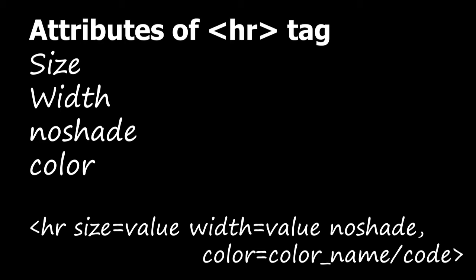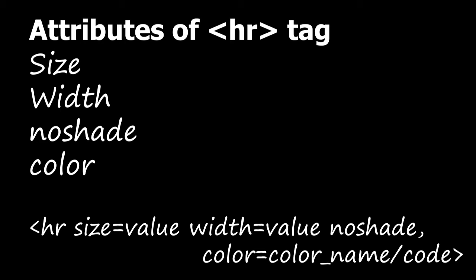The syntax of this HR tag is: you have to give HR and then leave a space. After opening the HR tag, you give size equal to the value, width equal to the value, noshade, and then color equal to the color name, or you can give the color code also, and then you close that HR tag, right?